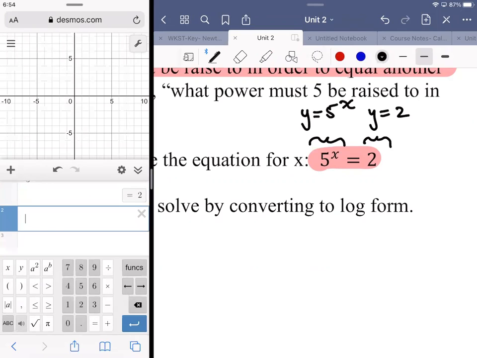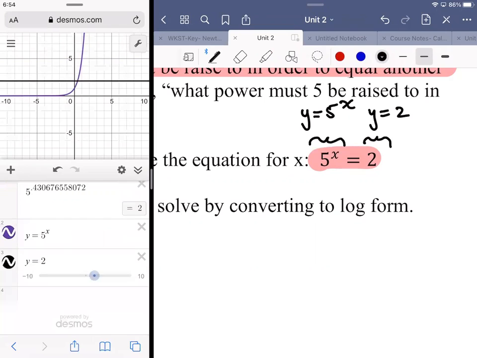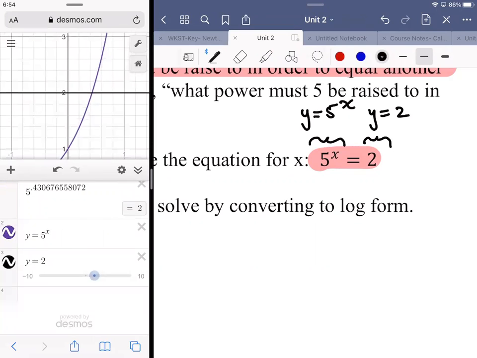So I can do something like y equals 5 raised to the x power, y equals 2. And I just see where they cross right there. It'll give me a rounded answer, but that's what you would get if I took my exponent here and rounded it. All right, so that's another way you can do it.